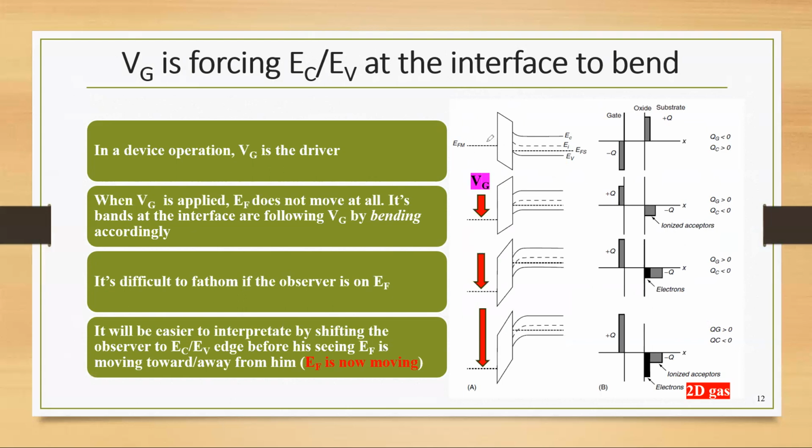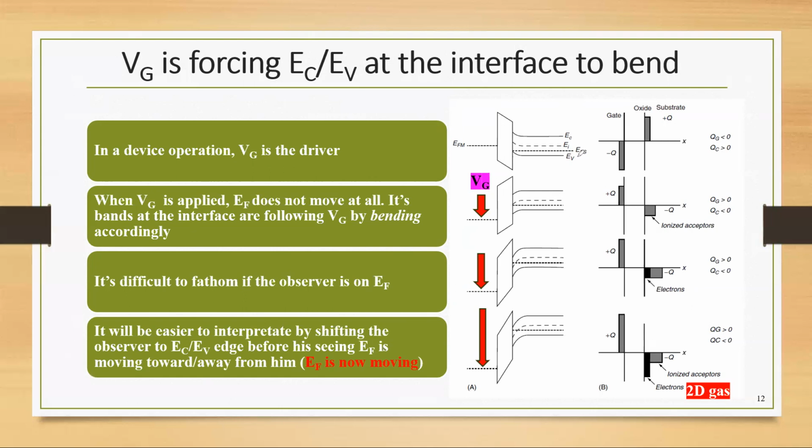The first thing that we do is push the Fermi level of the metal down. When you apply a positive voltage, you push the Fermi level down. The higher we go, the deeper the Fermi level moves down. But the Fermi level inside the semiconductor will not move.